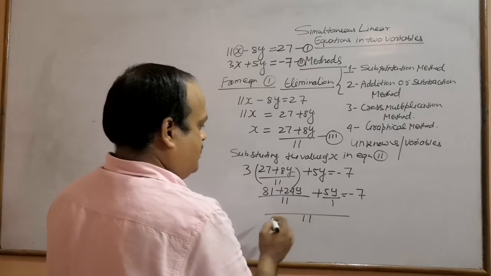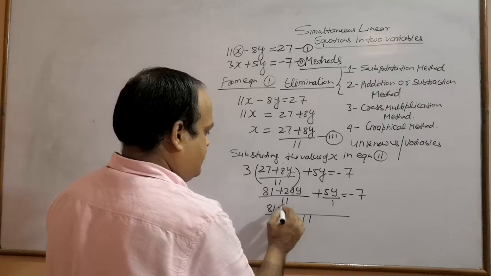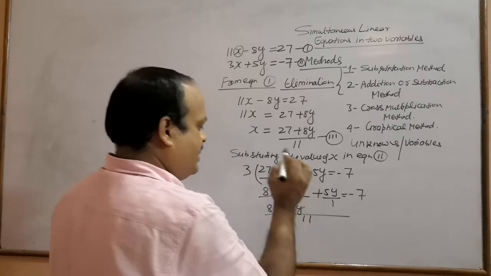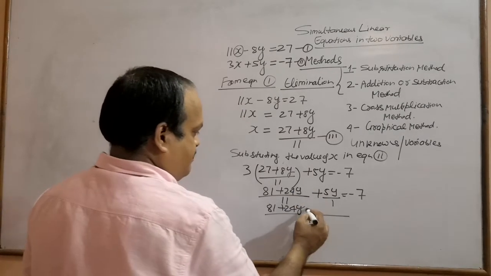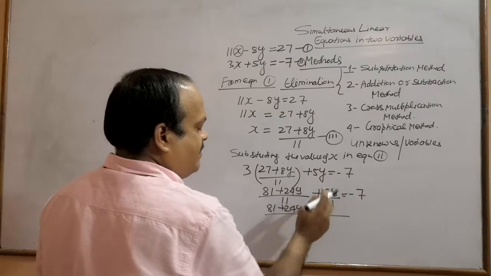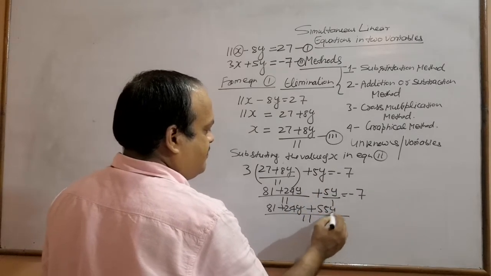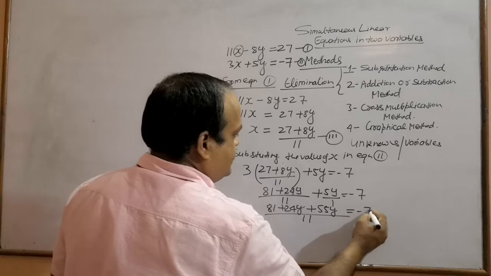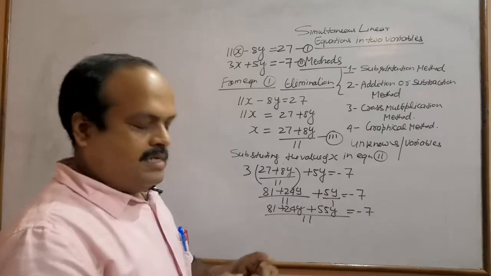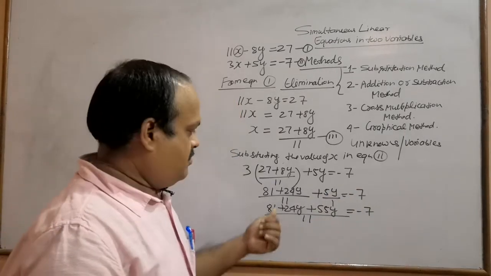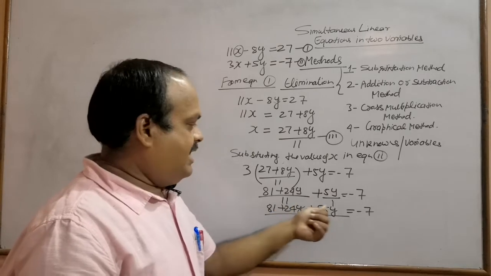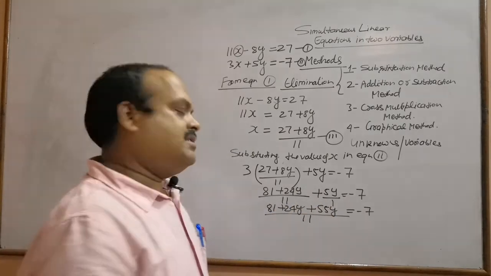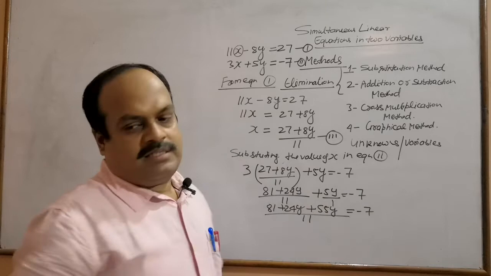11. You will get 81 plus 24y plus 11 times 5y, 55y, equals minus 7. I hope you know this one and this one are like terms with the same sign.